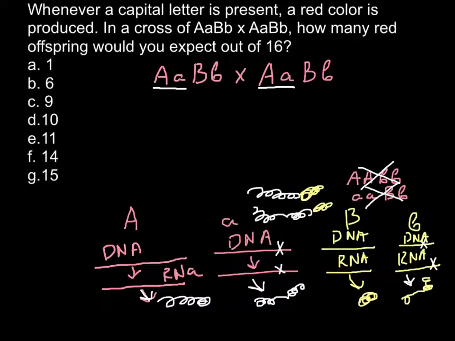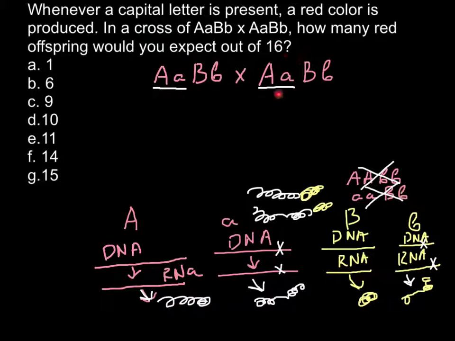So how do we now find the probability for such a cross of these two parents to produce progeny that would be able to produce red pigment? This is very easy. We just have to think about these two genes and two allelic pairs.